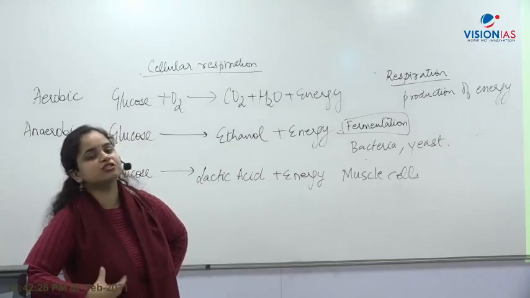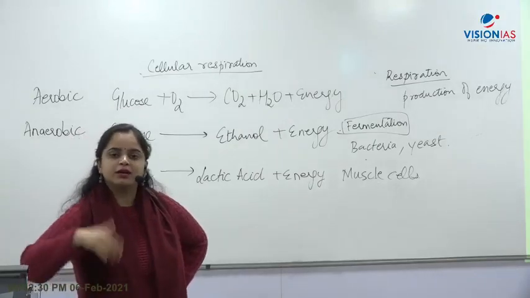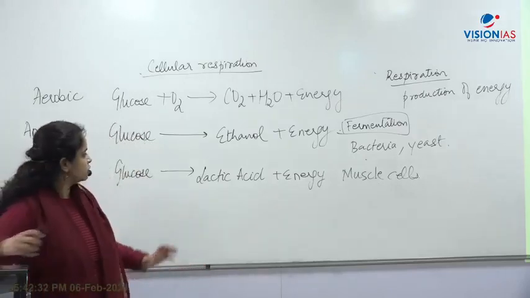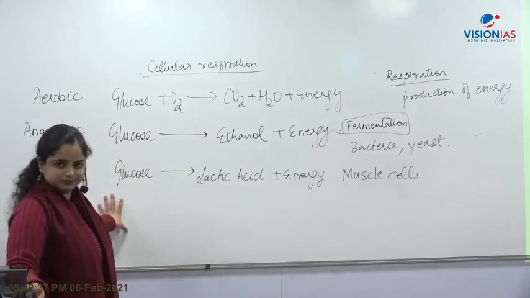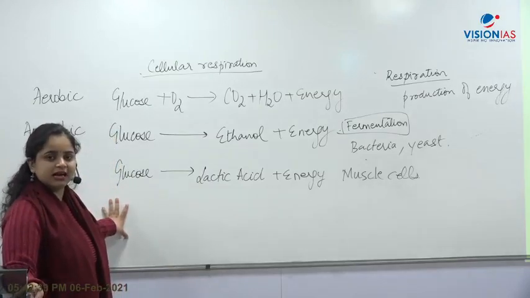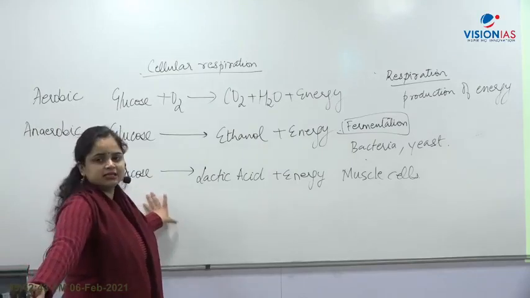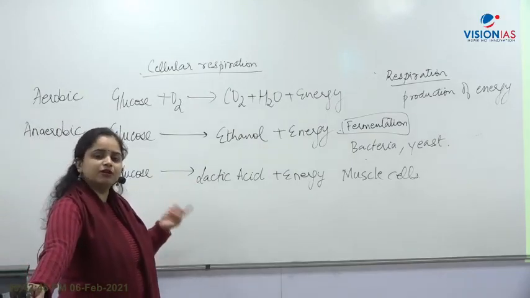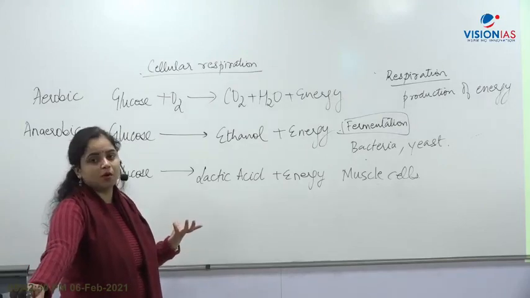Maybe you're just running. So your body needs more energy than you can get by breathing. So what do these muscle cells do? They become anaerobic. For that time being, they can do anaerobic respiration. They want energy, so they will start producing energy even without oxygen. This is their unique property.